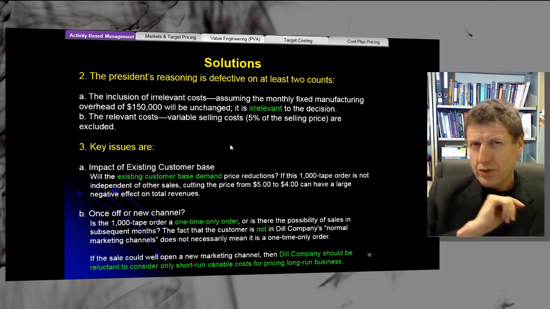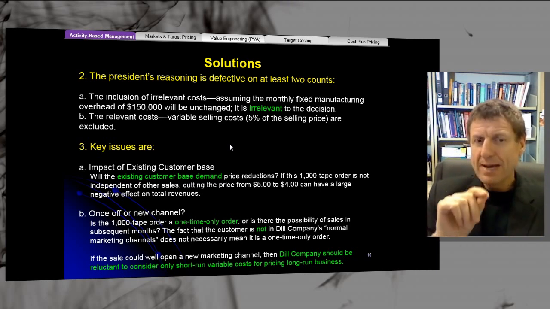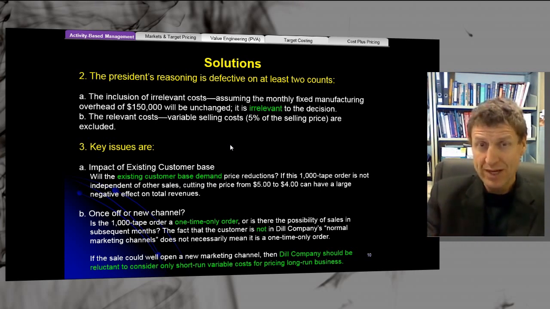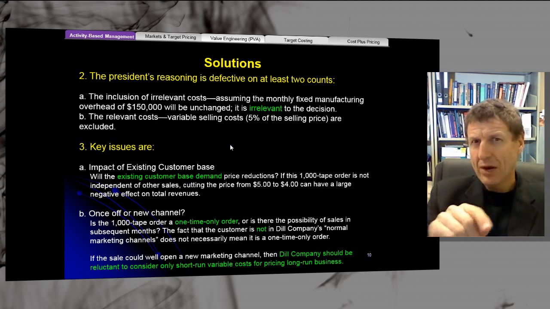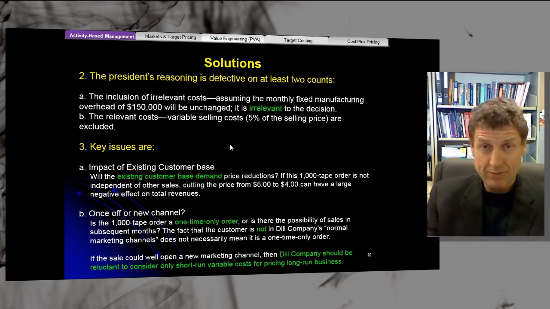Now, the second key issue we want to keep in mind is, maybe this is a once-off, or is it a new sales channel that we have not yet explored? And so we may be just testing a new market, you see. This is very important, because if it's a one-time only order, then maybe we go ahead with it. We've considered all the costs and we're not going to do it again. However, because maybe we have excess capacity, we can do that.